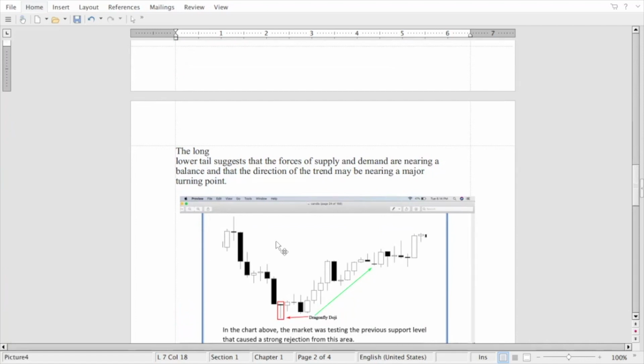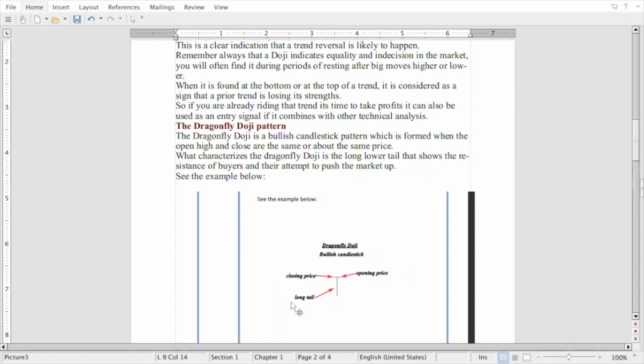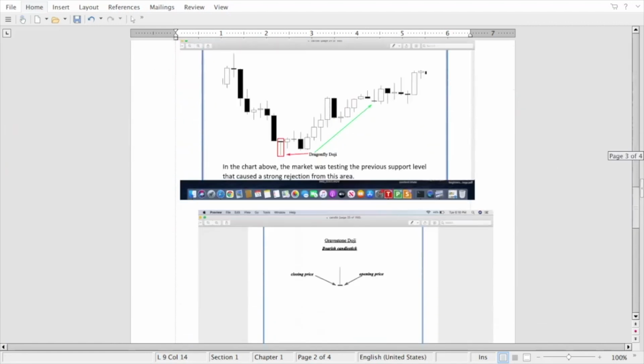For example, do you see where it forms? Let's say if this was support, and you see it form down on the support, then just prepare yourself for confirmation to check your trend. I mean, take your buy and then flow with the trend.